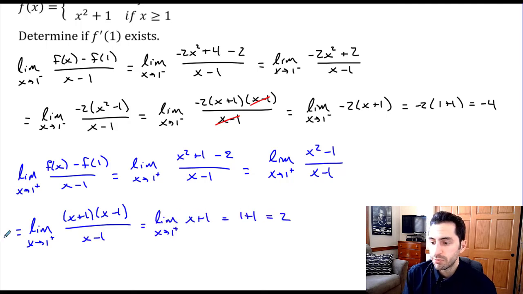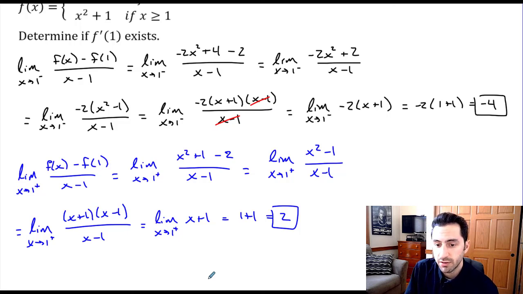So going through, coming from the right-hand side, we end up with a limit that is equal to 2. So that means that the slopes of my tangent lines coming from the left is negative 4. The slopes of the tangent lines coming from the right is positive 2. And because these numbers are different, that means that this derivative does not exist.